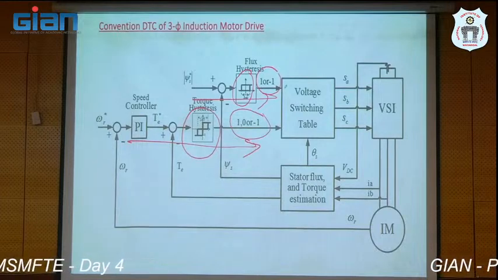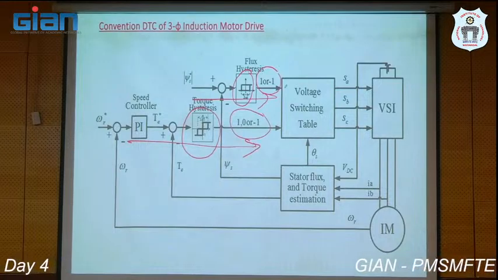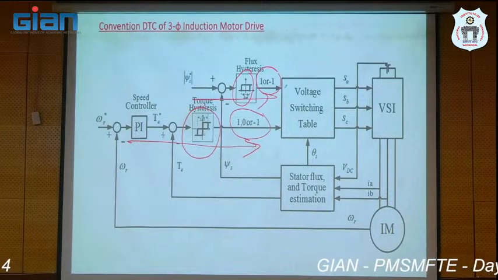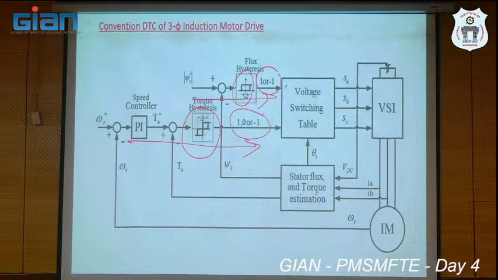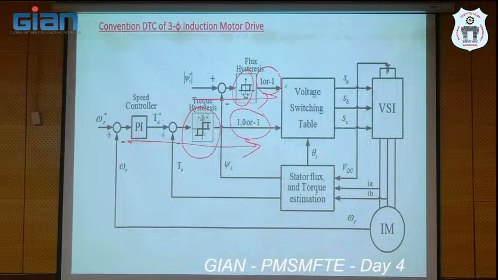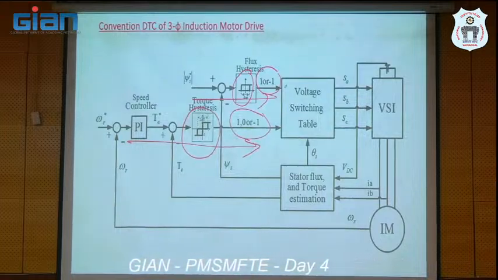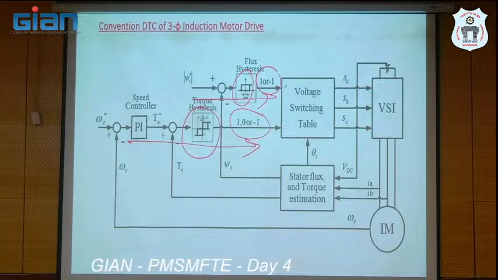So the upper limit we can keep 1 Newton meter, and the bottom limit we can keep -1 Newton meter. Whenever the torque error is more than 1 Newton meter, immediately your hysteresis controller will produce +1. Next, if the error is less than -1 Newton meter, immediately it will produce -1.